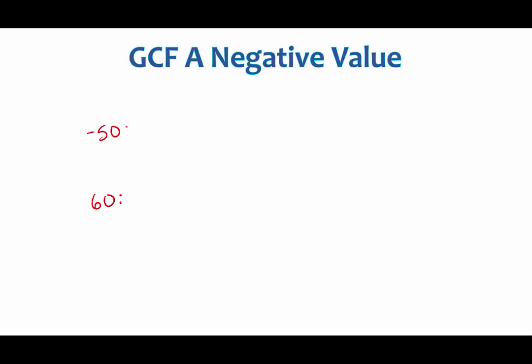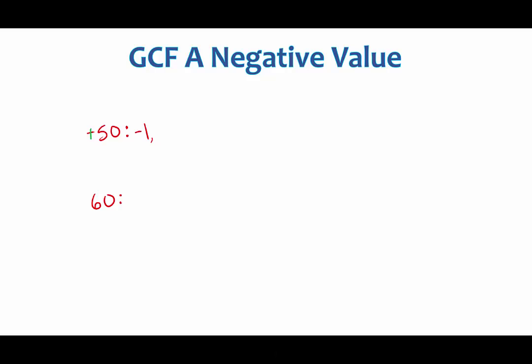I'll switch between the chart and the lists. I'm just going to use the lists for this one. If you have a negative, like negative 50, just write the negative 1 first. Now treat the number as if it was positive.